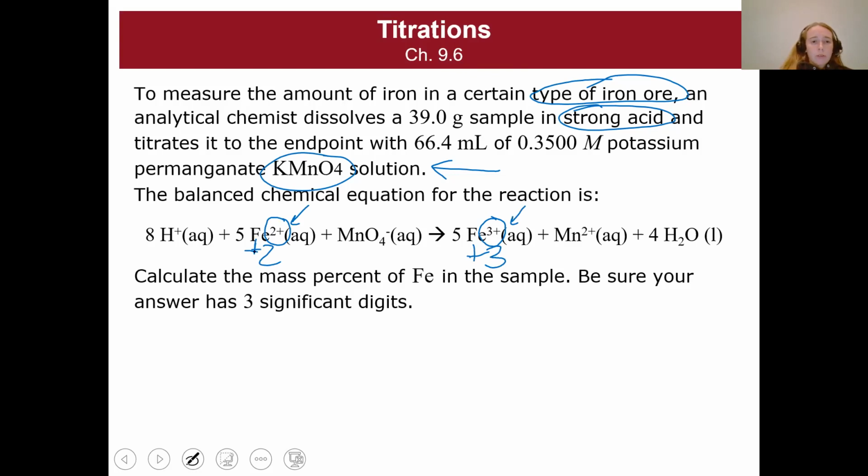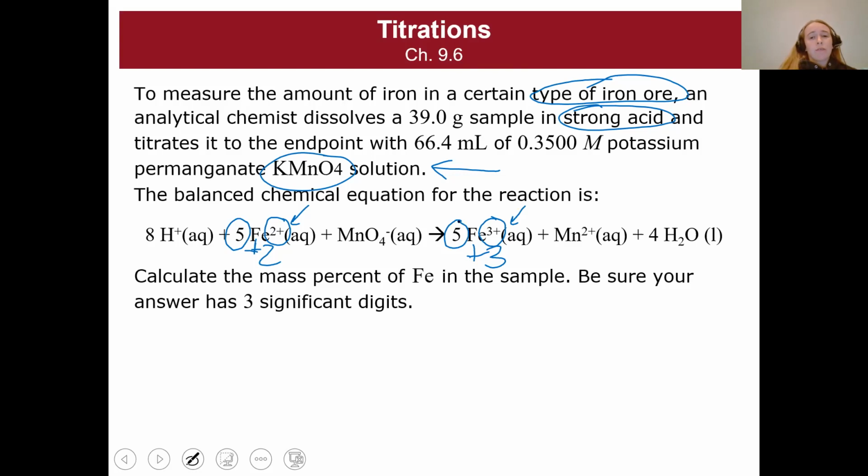If we want to go further, we can see what's being oxidized, what's being reduced, how many electrons are being transferred. So sure, why not? Let's do that. All right, so we know we're going from +2 to +3, but you want to take into account that there's 5 of those iron ions that are changing their oxidation number. So it's not a transfer of 1 electron to go from +2 to +3.